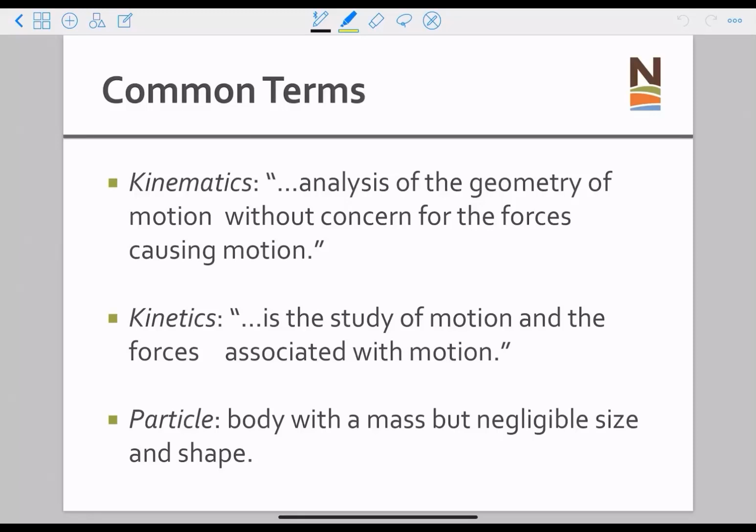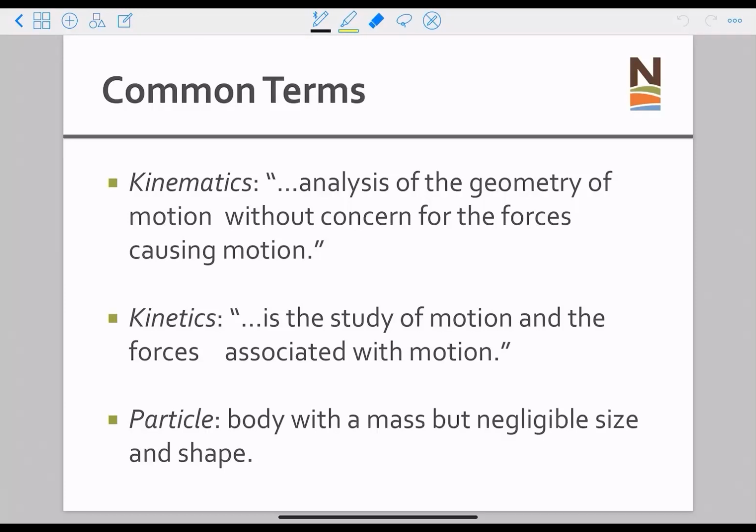The last term is a particle. A particle, again, is a body with a mass but negligible size and shape. While you will see me talking about, say, a box or a vehicle or various different objects that typically do have a shape, for the purposes of the calculations that we'll do, we're not really concerned about those shapes.